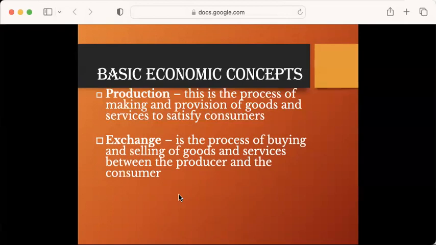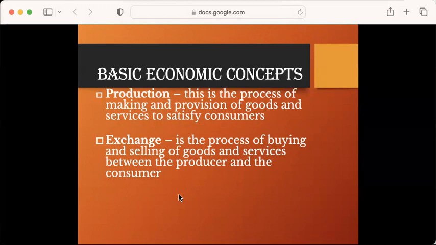For example, a person involved in animal husbandry supplies meat to somebody else who is farming fruits or vegetables. They supply one good and exchange it with another good, or even for a service. That is called barter exchange.